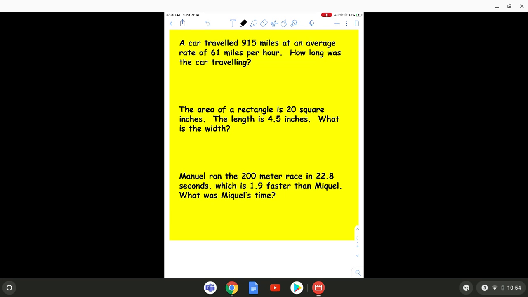So for this one, it tells us that a car traveled 915 miles at an average rate of 61 miles per hour. And it wants us to figure out how long the car was traveling. So I'm looking for time.